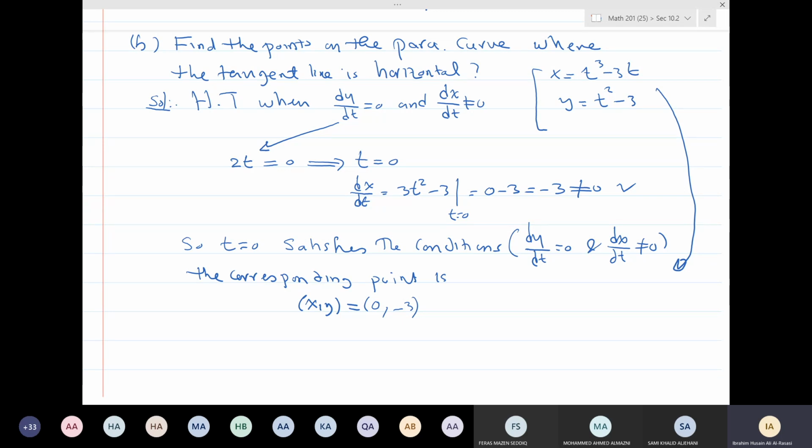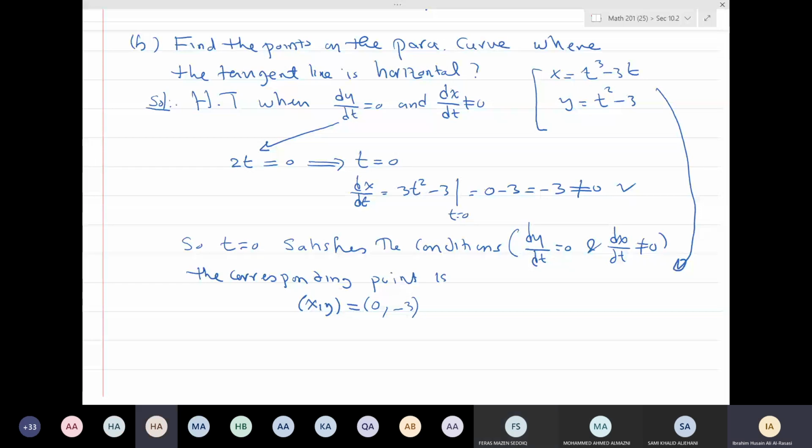One last observation here. For part B, notice what we have. You find dy/dt equal to 0, then you check that dx/dt is not equal to 0. What if when you check dx/dt, it becomes 0? What do you do in that case? Take the limit.